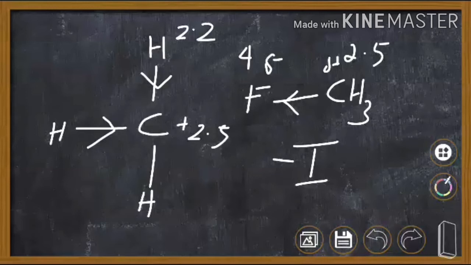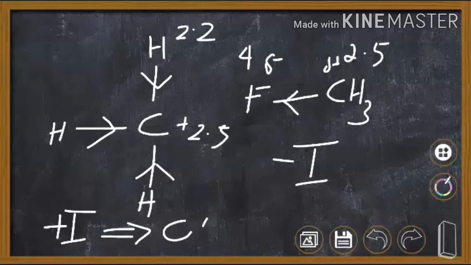We already mentioned that one of the examples for plus I effect is CH3 or alkyl fragment. Why is CH3 electron donating? That is one of the most important questions. Why is CH3 electron donating?